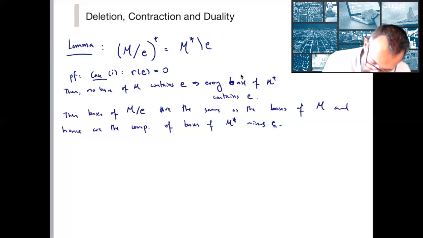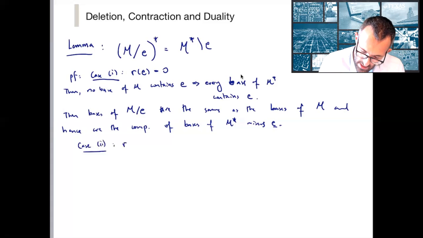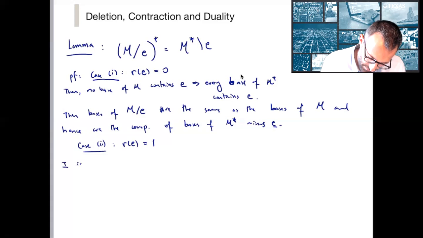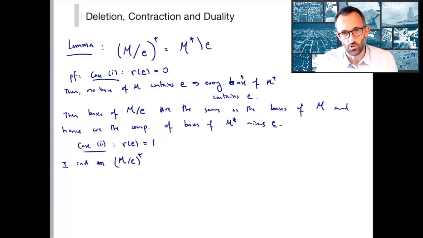All right, let's look at now the second case, case 2. The only other case that we're going to consider is when the rank of the single element E is equal to 1. Now, what does it mean for I to be an independent set in the dual of M contracted, after I contract E and look at the dual?